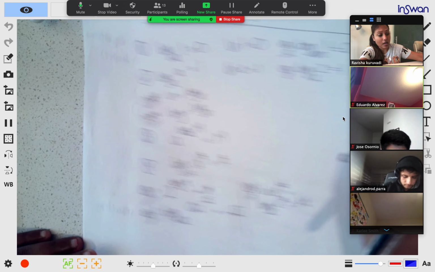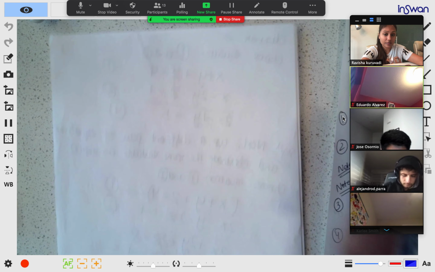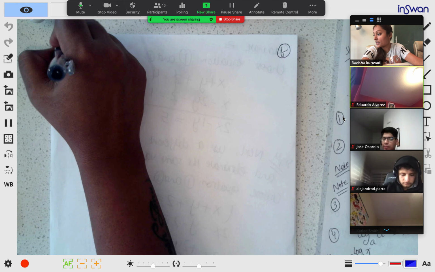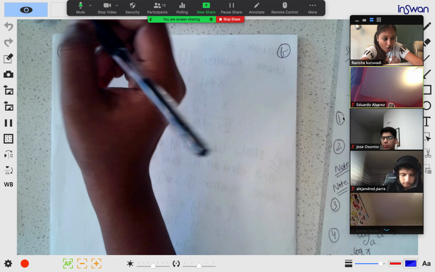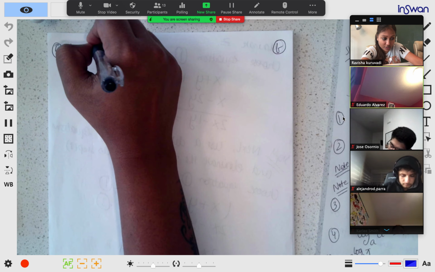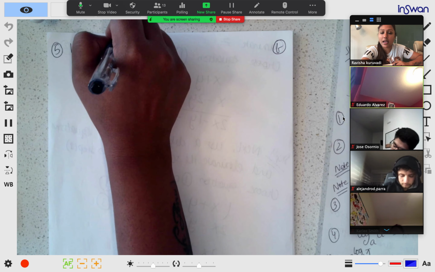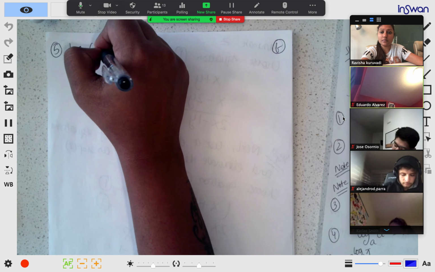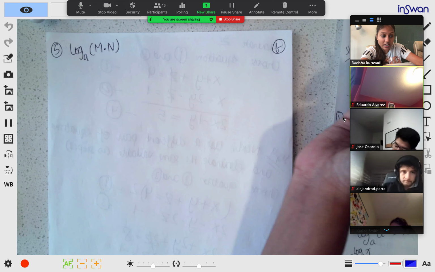I'm going to go to more properties here. So we did 4 properties. The fifth property says if you have log of some base and you're multiplying two numbers inside, m times n, you can actually separate it.